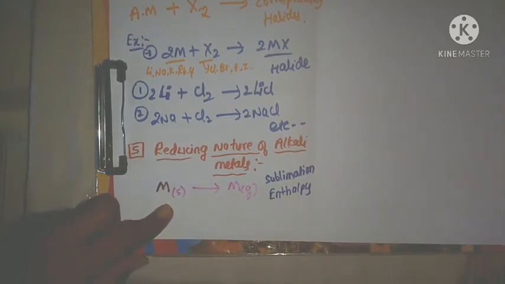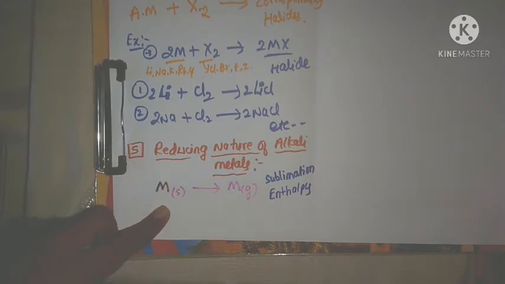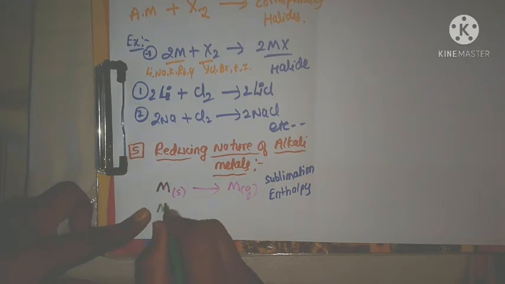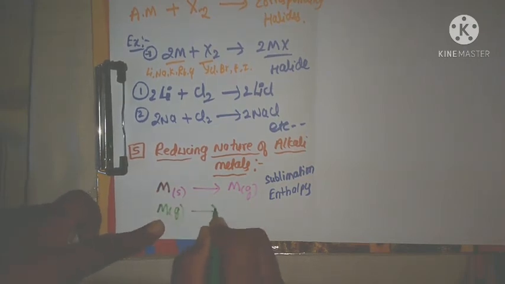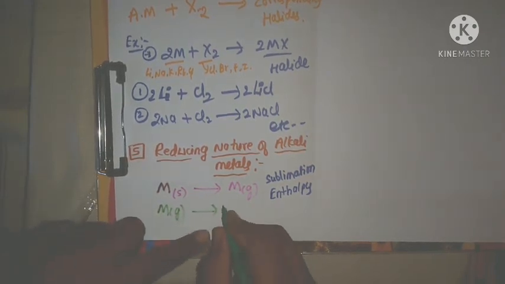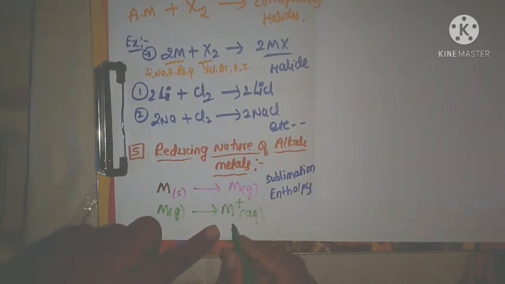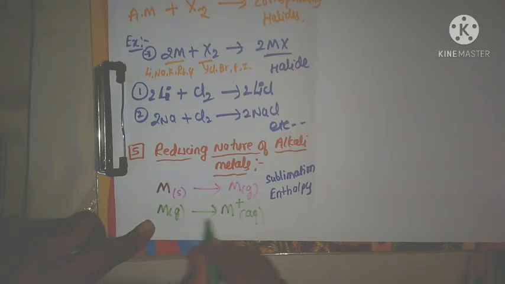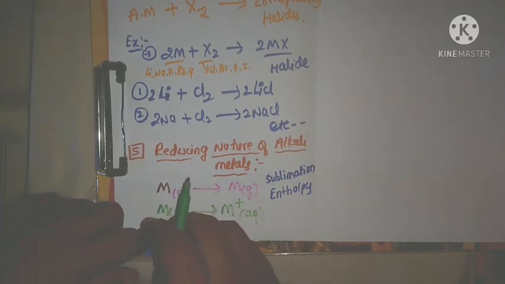Now here another one. When the metal which is present in the gaseous state loses one electron, it will be M plus in the aqueous state. You have removed how many electrons? 1 electron. The amount of energy required to remove one electron from the gaseous atom is called as what?